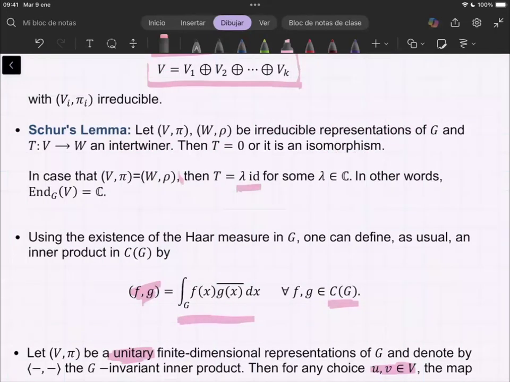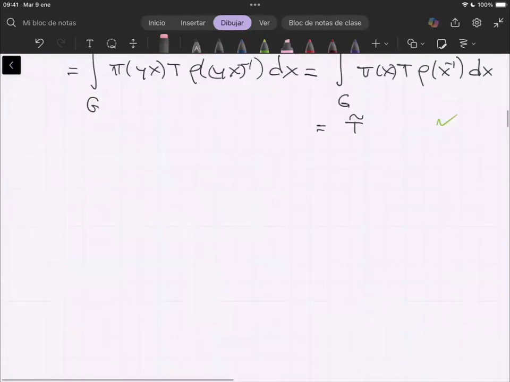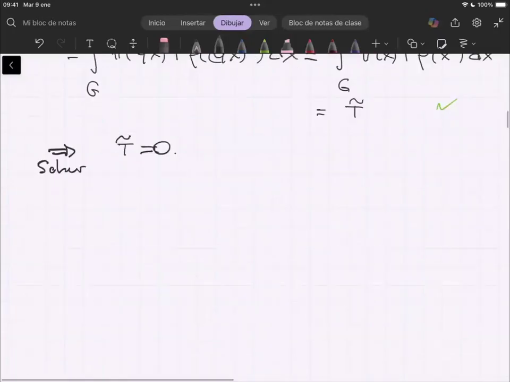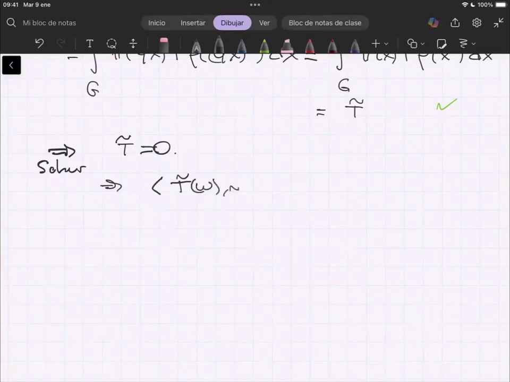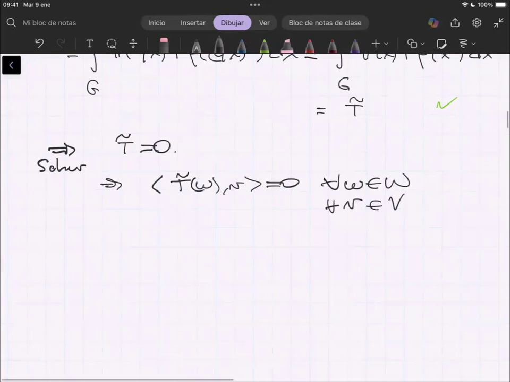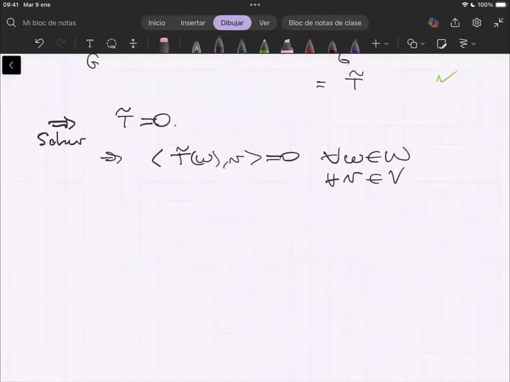But if they are not isomorphic, then by Schur's lemma T tilde has to be 0, okay? So if T tilde is 0, what we have is that the inner product of T tilde of some w times v is 0 for all w in W and for all v in V, okay? And this works for any linear map T.